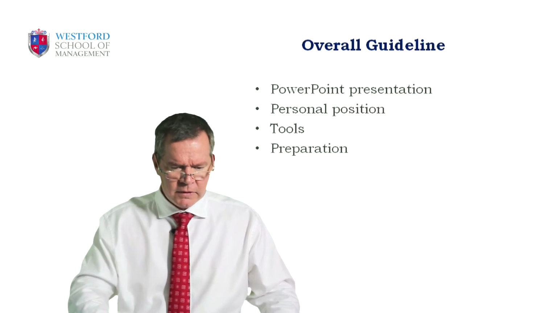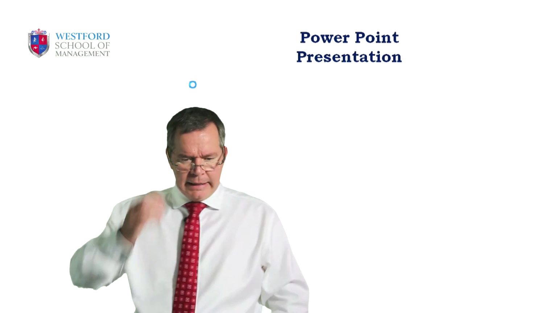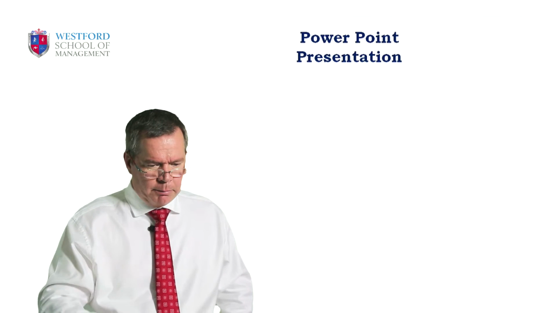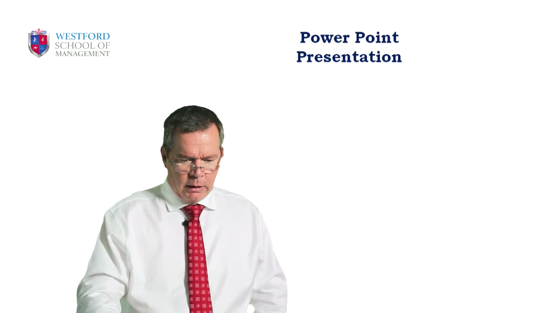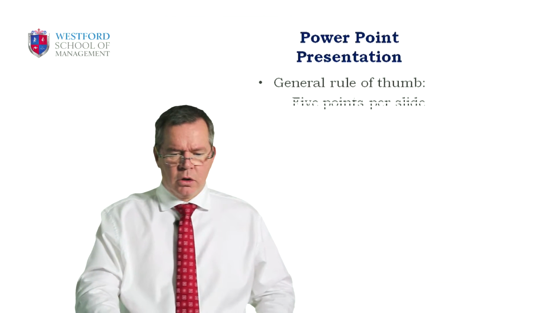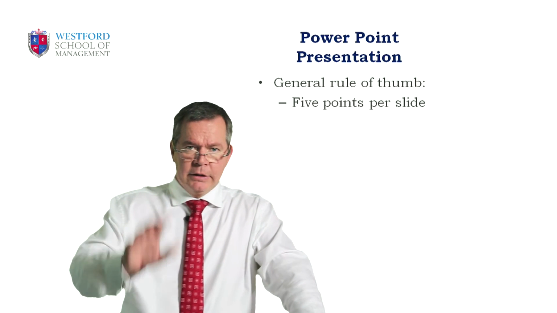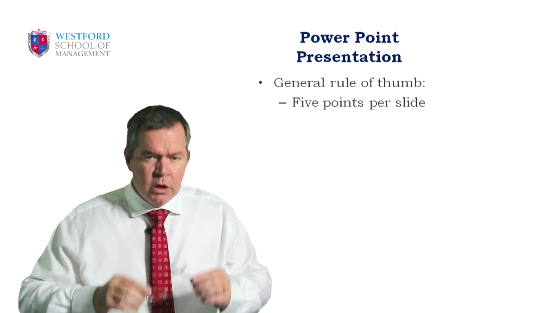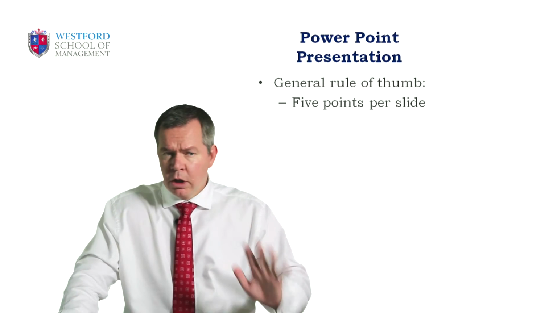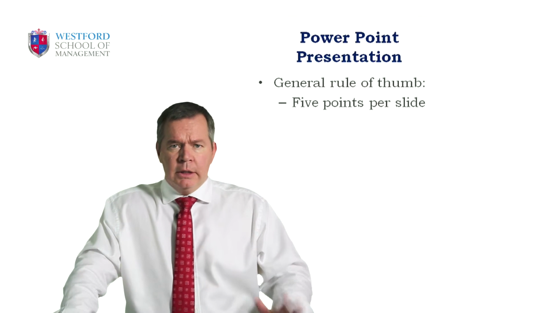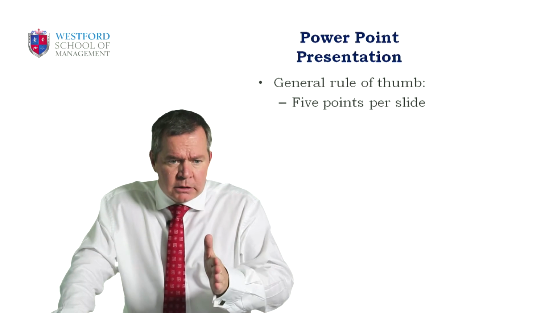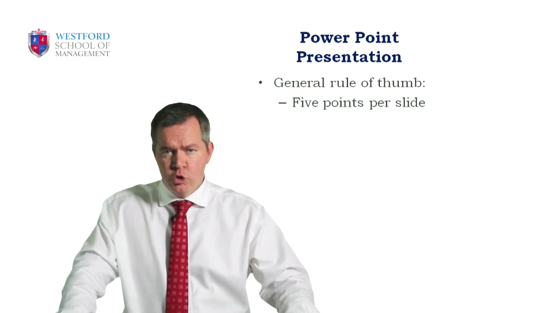Now, in terms of the categories, let's just look at the PowerPoint presentation, and I want to give you some more general rules of thumb there. The first thing is you work on about a slide per minute, sometimes a slide per 2 minutes.